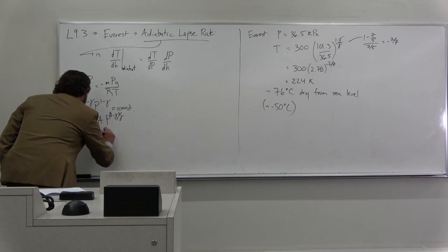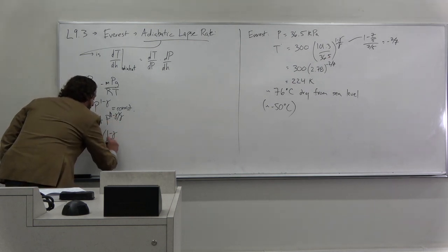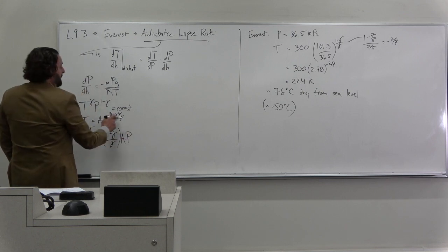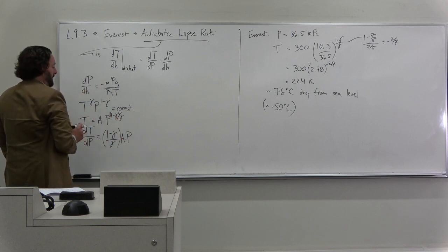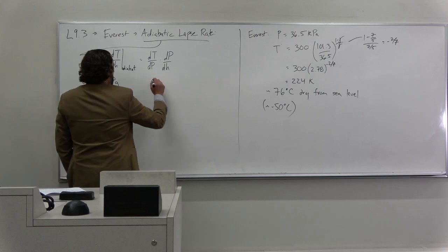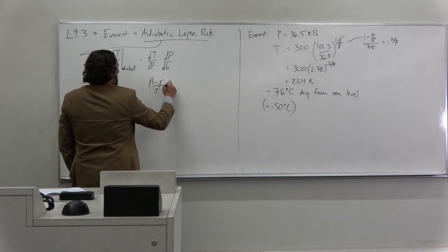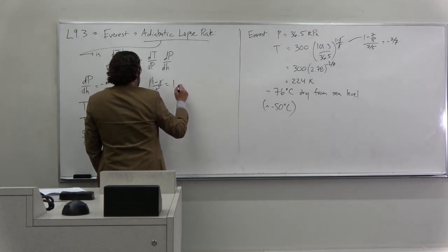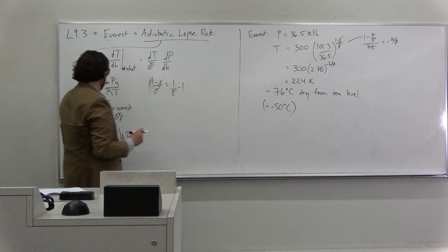So this is going to be 1 minus gamma over gamma, A, P to the 1 minus gamma over gamma minus 1. So 1 minus gamma over gamma is 1 over gamma minus 1.